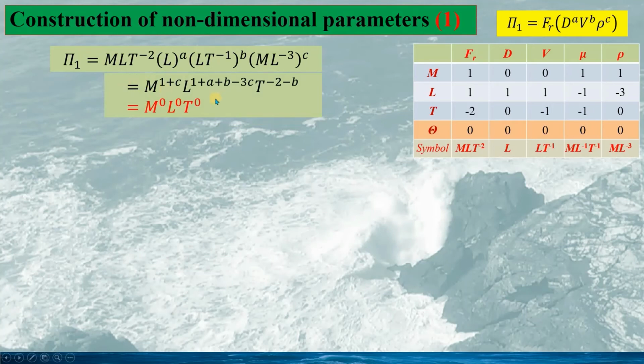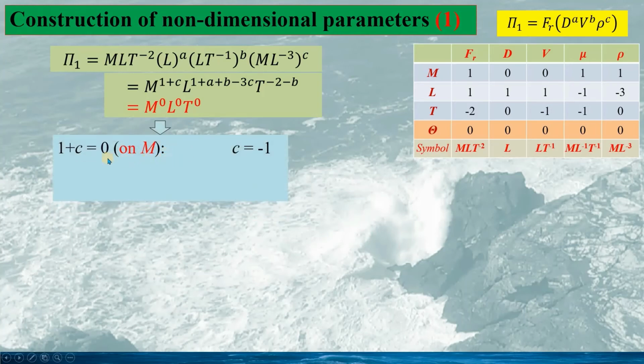And we put all this together for each base unit: m with the power of 1 plus c, and L with the power of 1 plus a plus b minus 3c, and t to the power of minus 2 minus b. Our target is to make all these indices 0, so the parameter pi 1 would be non-dimensional.